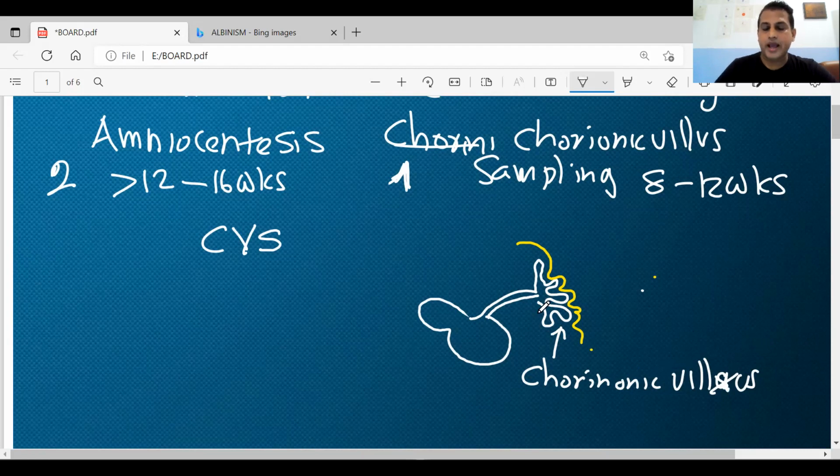So now the idea is to take a sample from the chorionic villus. We take a small piece of tissue which contains cells of the fetus from the chorionic villus. It's not a simple procedure, because there is a little bit of risk for the fetus.